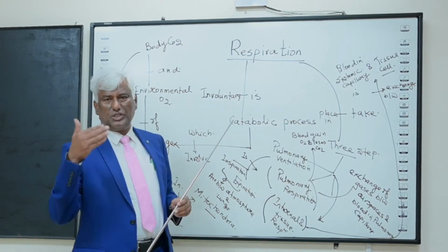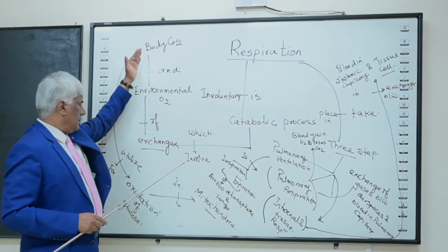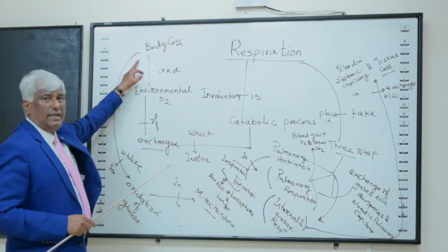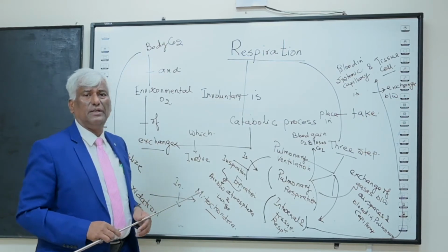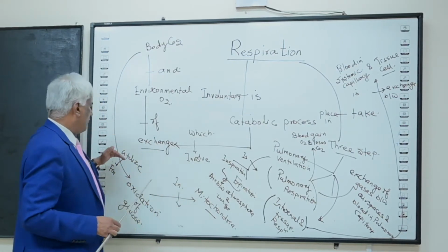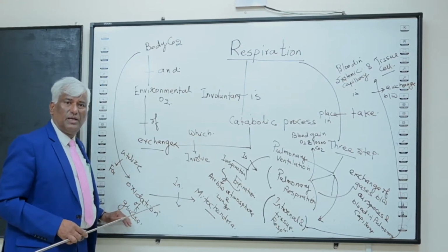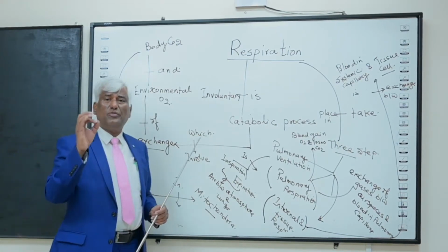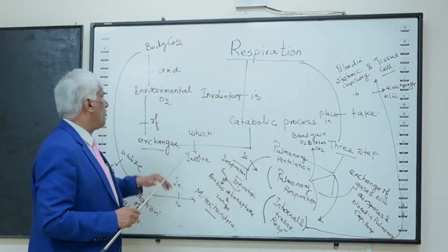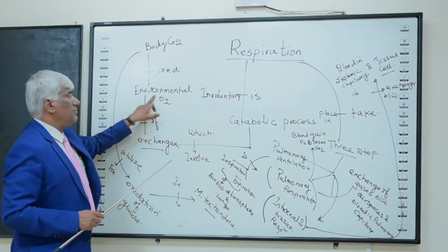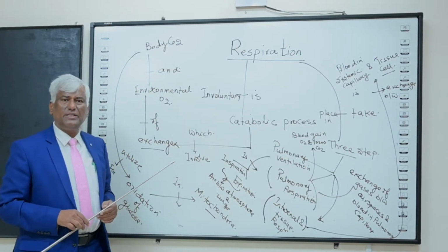And why is there an exchange of oxygen and carbon dioxide, my dear students? Because it has to be utilized for the oxidation of glucose. There is a need for the oxidation of glucose to take place, and for that there is a need for the exchange of environmental oxygen and body carbon dioxide. Are you getting it, my dear students?